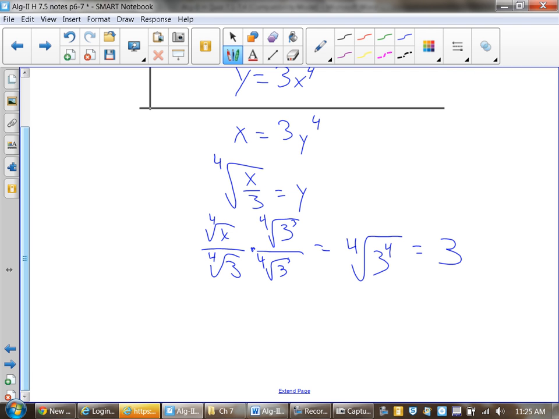In the numerator, what's 3 cubed? Oh, cube, sorry. So your numerator becomes the 4th root of 27x over 3.